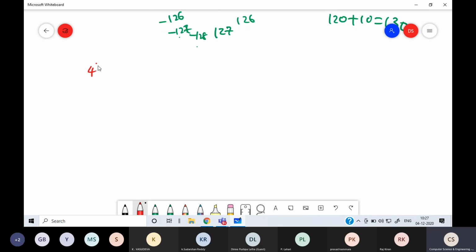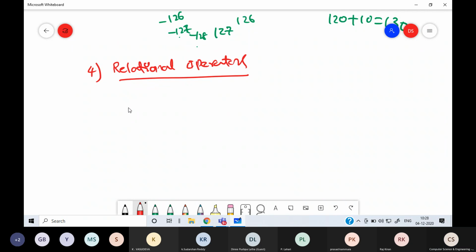Fourth set of operators is relational operators. When you take the relational operators, they are used to compare the magnitudes of two operands.